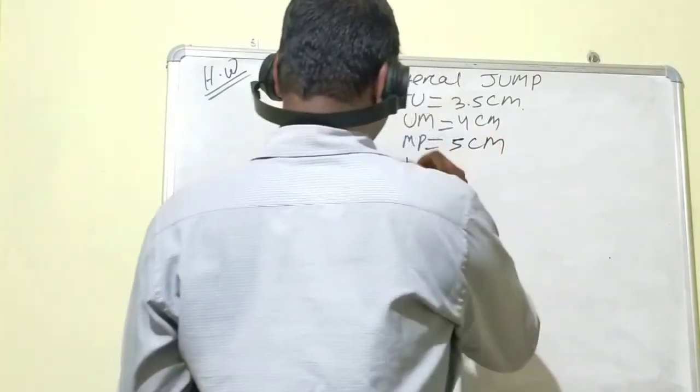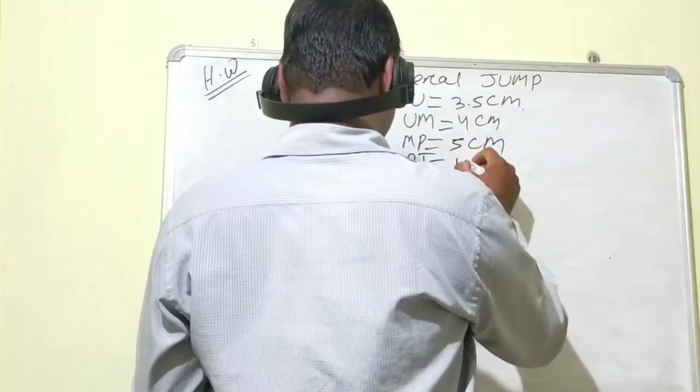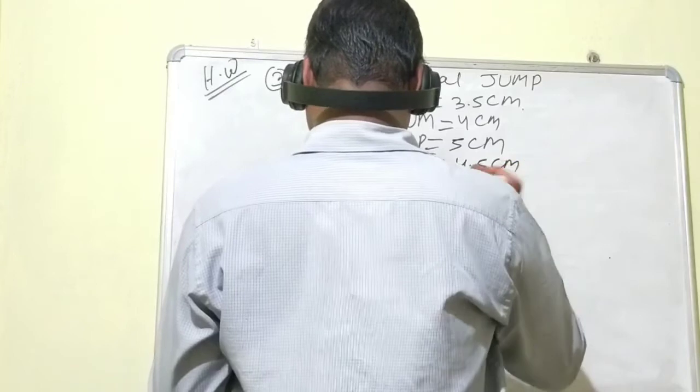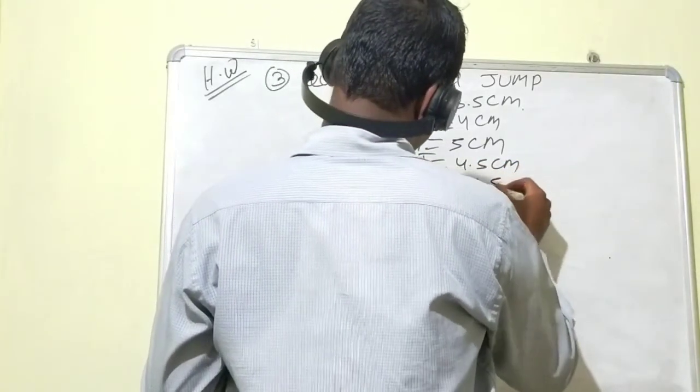Then PJ equal to 4.5 centimeter and PU equal to 6.5 centimeter.